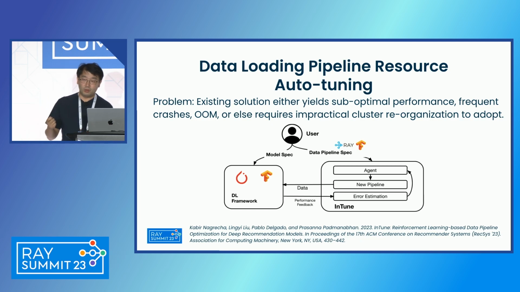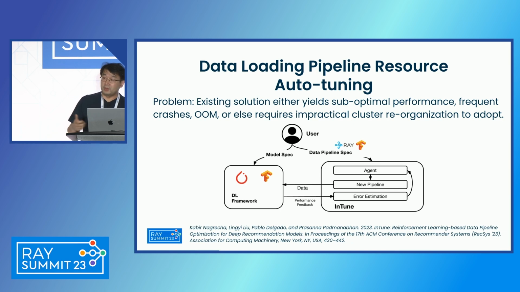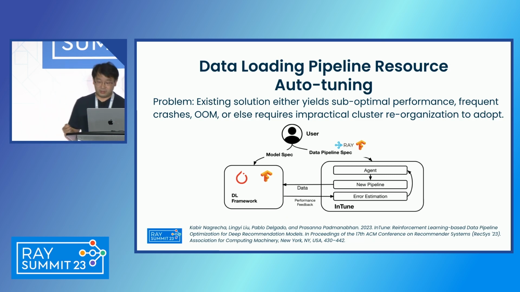We employ an agent that tries to adjust the CPU resources in the training pipeline, and then we get feedback on the performance bottlenecks from the training system, and try to tune the pipeline to get the highest throughput. If you want to know more detail, you can check the paper we published in RecSys this year.